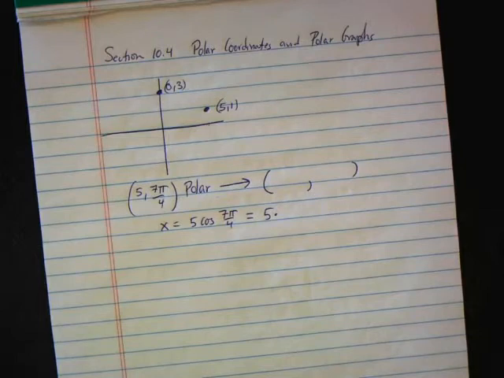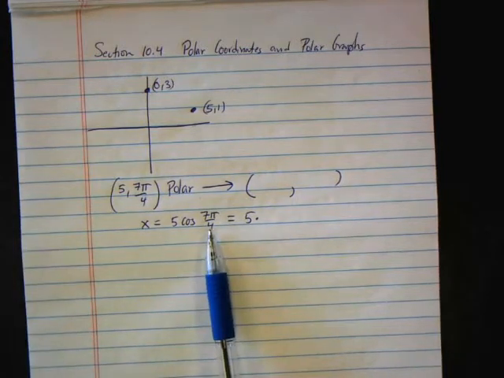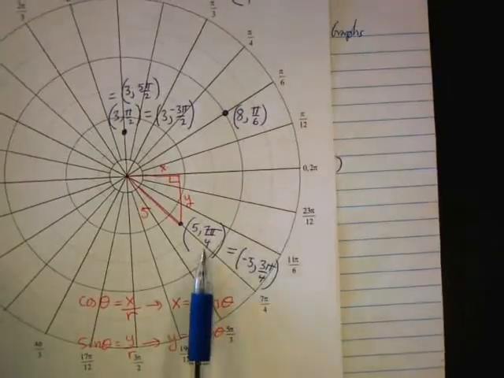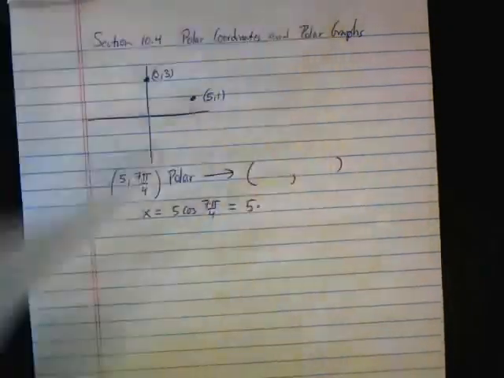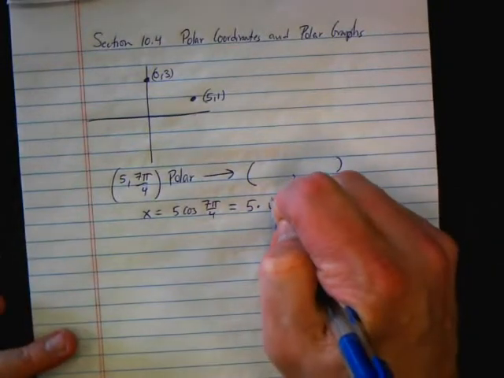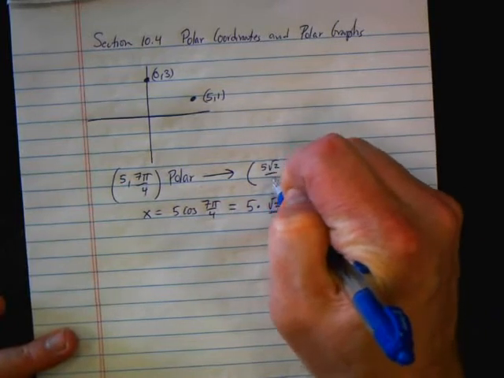What's the reference angle for 7 pi over 4? Pi over 4. What's the cosine of pi over 4? Root 2 over 2. And 7 pi over 4 is in quadrant number 4. In quadrant number 4, cosine is positive. So this is going to be 5 times square root of 2 over 2. So that's 5 square root of 2 over 2.